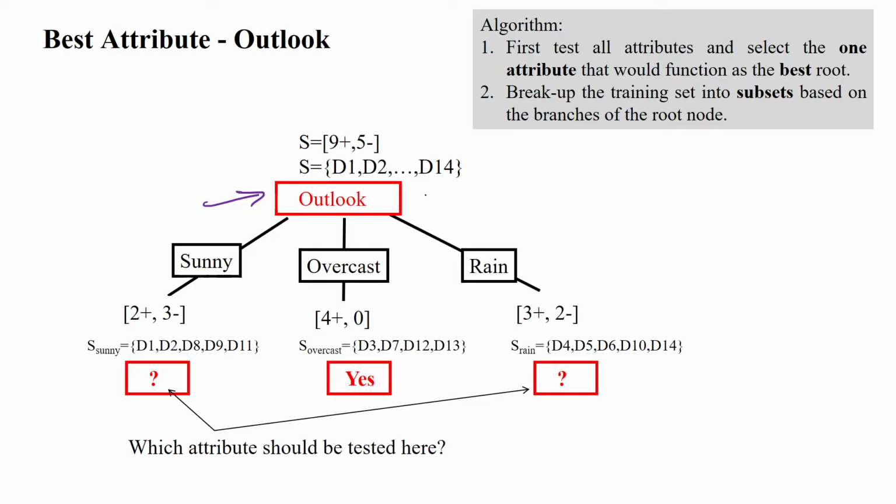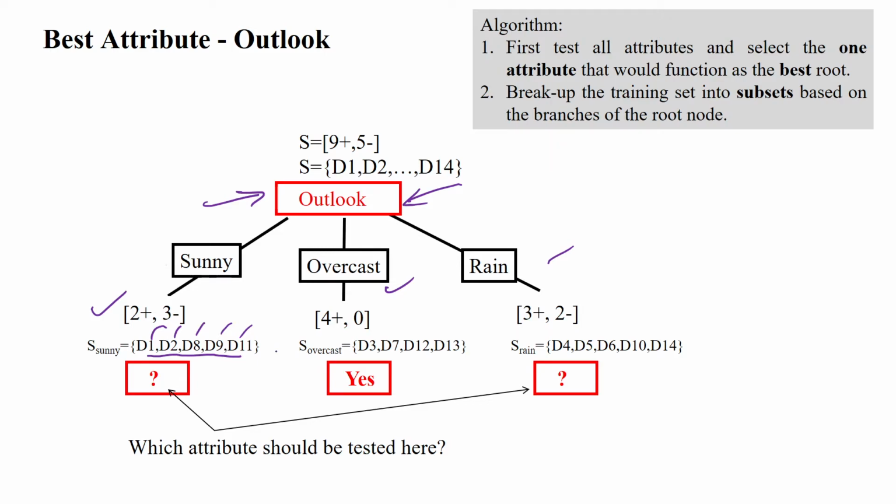So this is the root node for the given tree, because this is the first attribute selected as the best one. It has three values: sunny, overcast, rain. Now, what are the samples available under sunny? I have given the numbers: D1, D2, sample number 8, sample number 9, sample number 11.